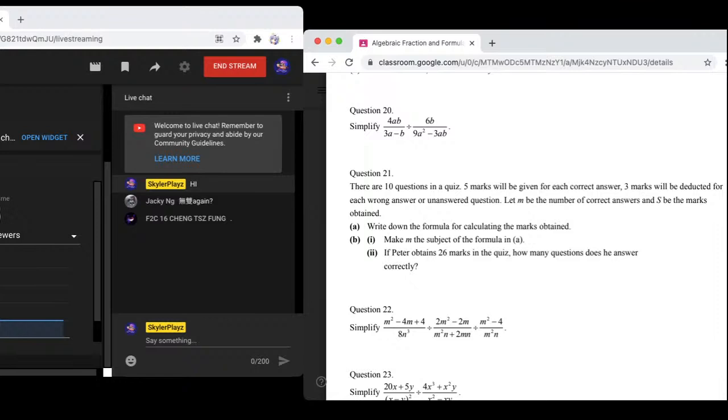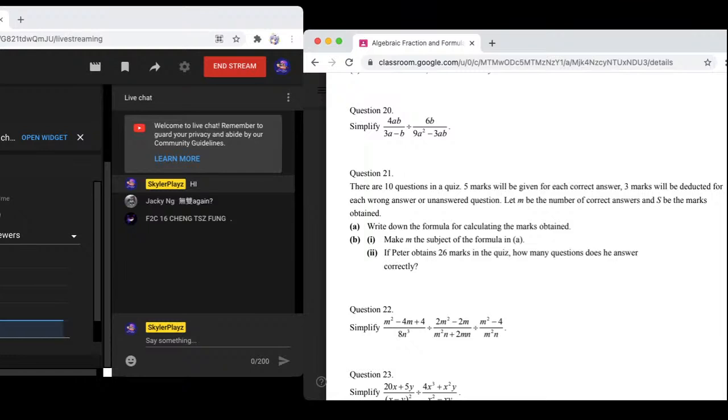So B1, make m the subject of the formula. S is equal to 8m minus 30 from A. So m is equal to S plus 30 divided by 8. That's my answer.